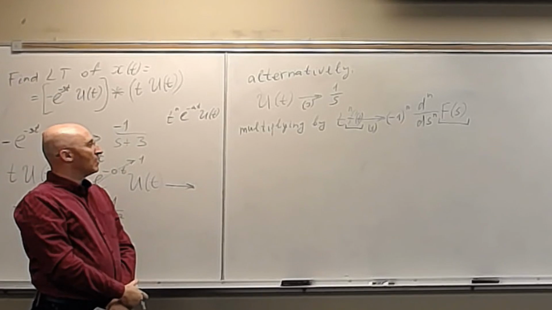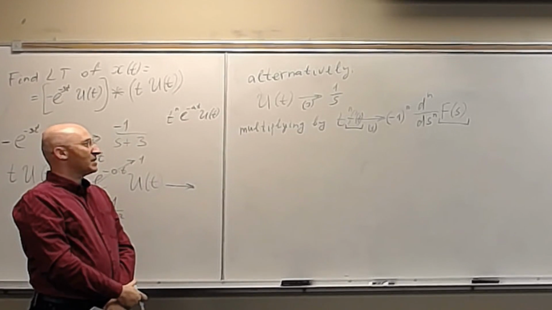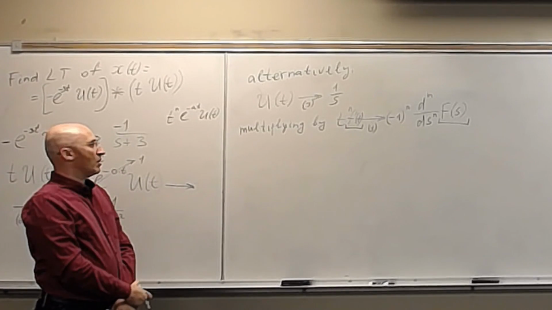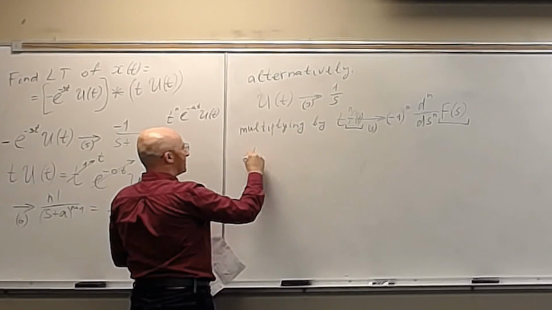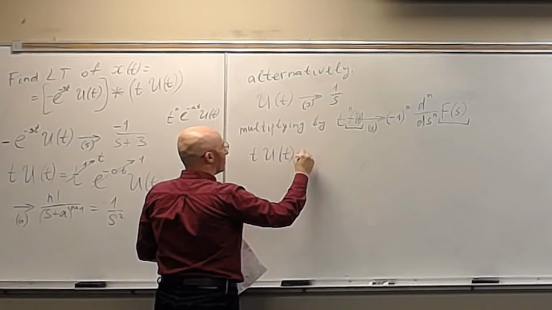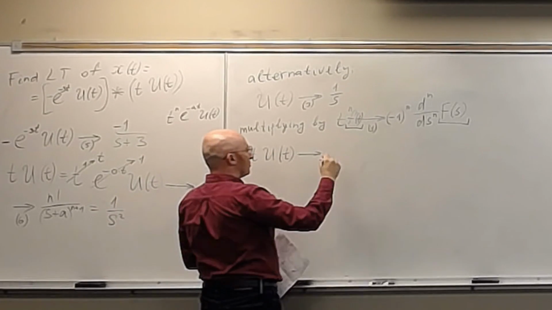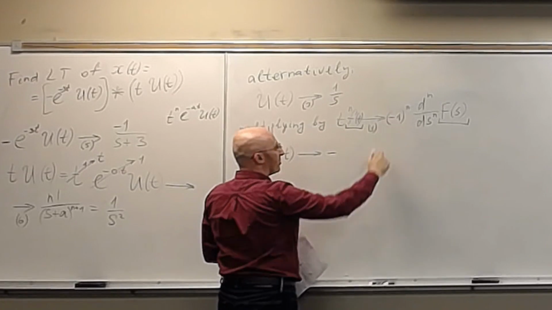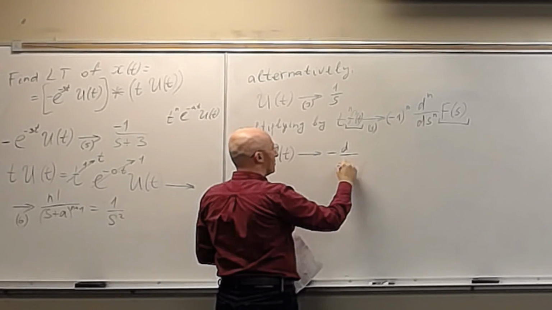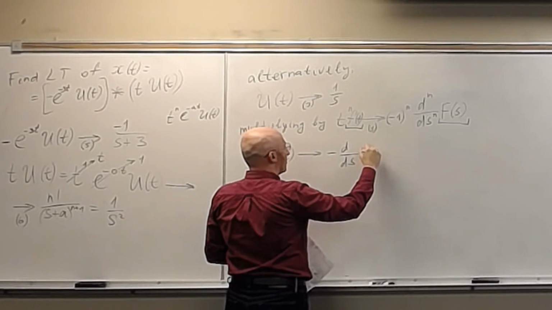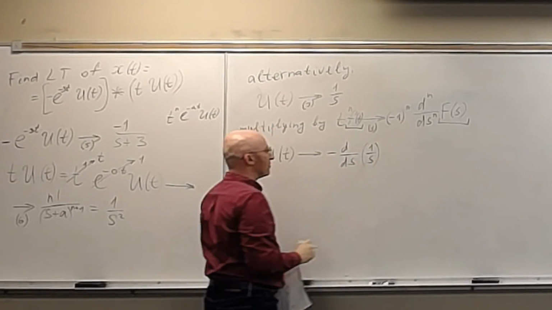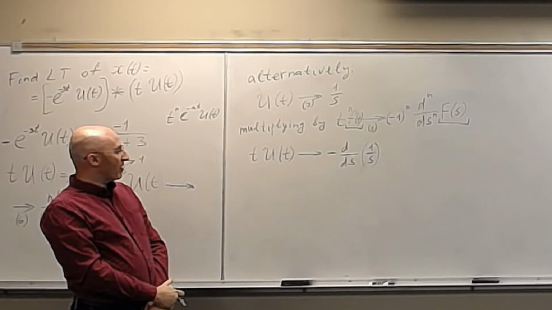So your F(s) is 1 over s. Correct. So what we need to compute: t u(t) is transformed to minus, which is coming from here, d/ds of 1 over s, the derivative of 1 over s.